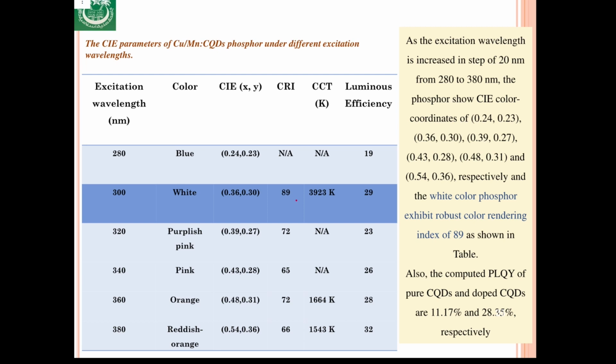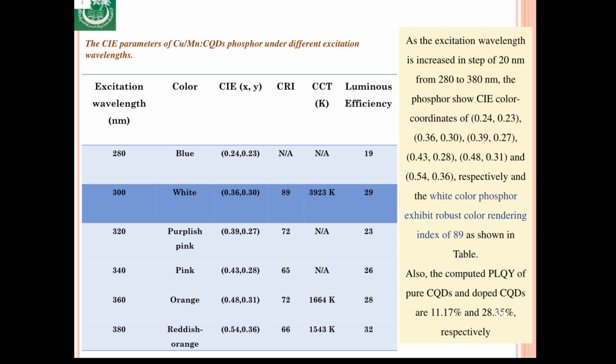CCT, color correlated temperature, is found to be that of 4000 K, and luminous efficiency was calculated to be 29. It is found that the photoluminescence quantum yield of the pure carbon quantum dots increases to around 28, 29% from that of the 11%.